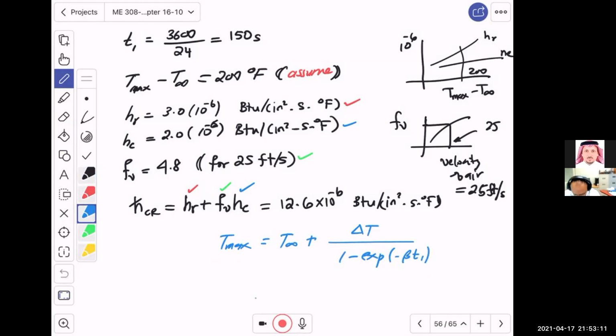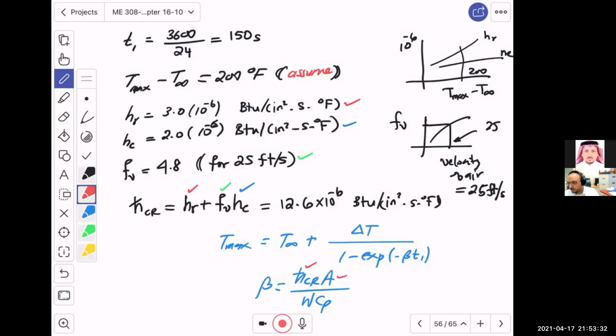What is beta? Beta is equal to HCR multiplied by the area divided by WCP. So we have already determined HCR. We know the area. It was given.